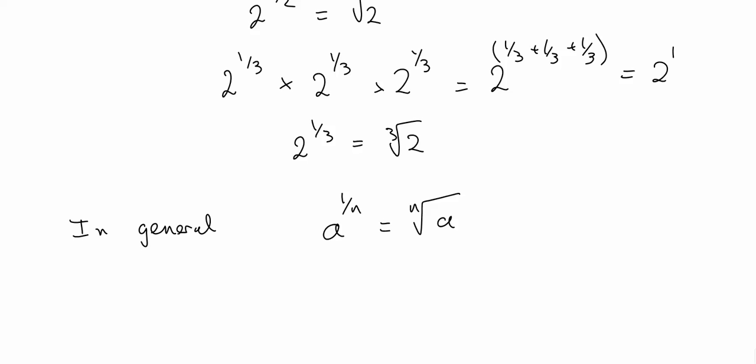Now, when we had the index as a positive or negative whole number, we could have a as any number at all. But now this would only work if a is a positive number, because we know, for instance, that the square root of a can't be negative.